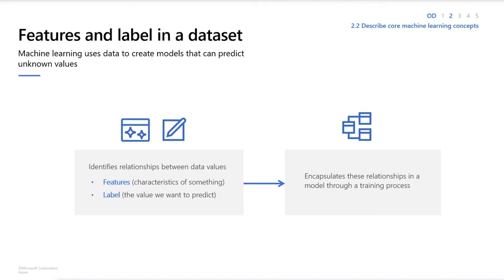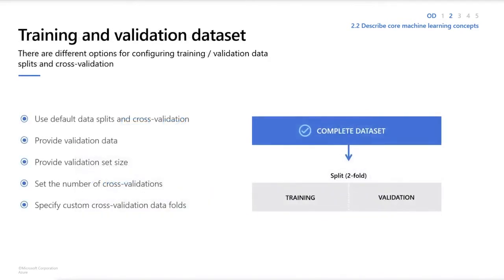But what we need to talk about is training and validation, so let's go into a little bit more detail with that. There are a couple of different options when you're setting up your training or validation split sets for cross-validation and your automated machine learning experiments.